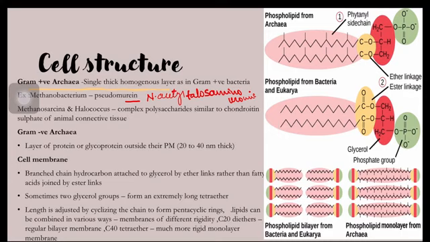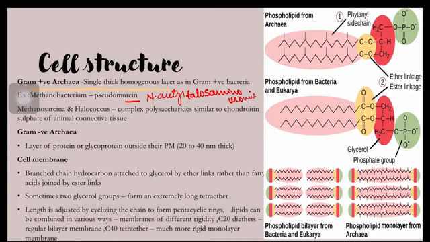So, archaea cell walls contain L-amino acids in the cross links instead of D-amino acids. That makes it a pseudomurein but not a murein layer. Examples like Methanosarcina and Halococcus have complex polysaccharides similar to the chondroitin sulfate of the animal connective tissue.